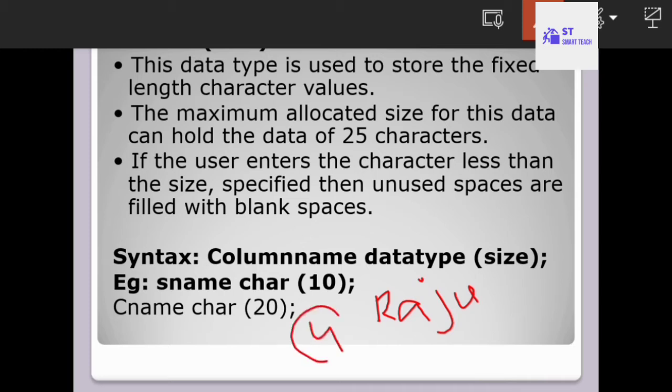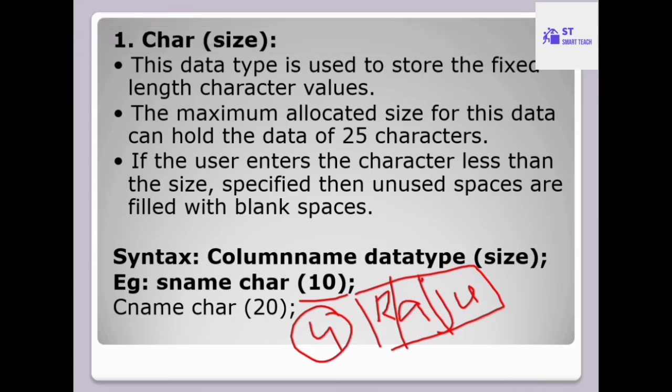I specified size 10, but here the name has only 4 characters. The remaining 6 spaces are wasted. The remaining 6 spaces are filled with blank spaces. So the disadvantage of the character data type is that unused memory is wasted.